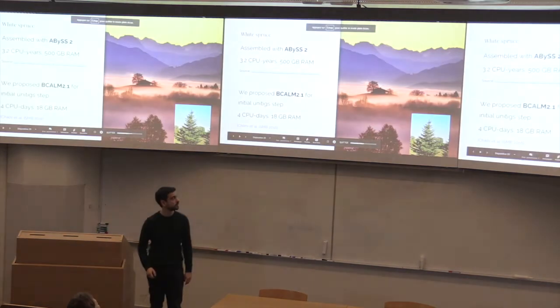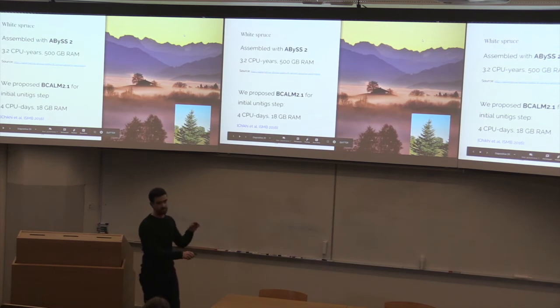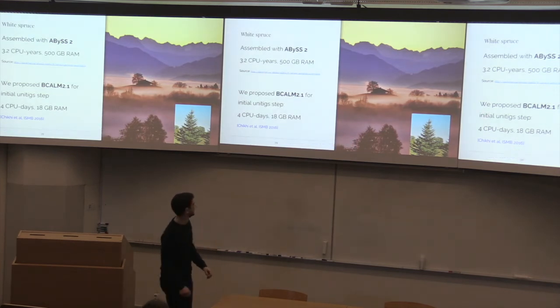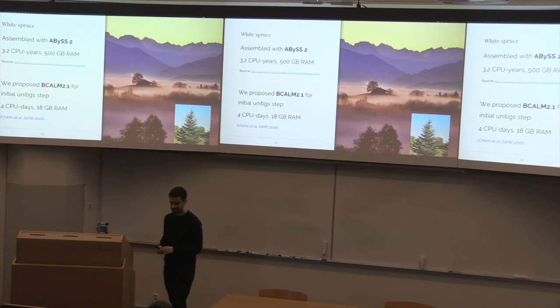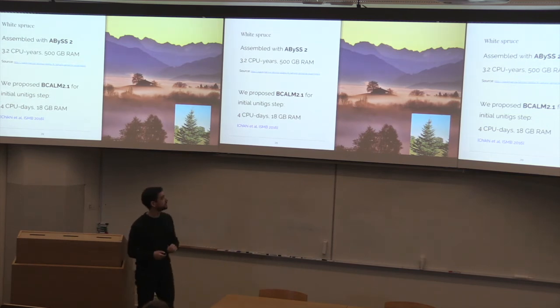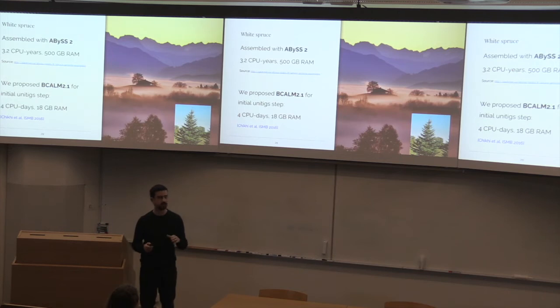Still, we were able to perform the unitig steps, right before constructing contigs. And we did it in 4 CPU days, so it's basically a few hours, and not so much memory. So we are hoping that this kind of module can help at the start of an assembly and maybe be extended to reduce the memory and time needed to assemble genomes in general.